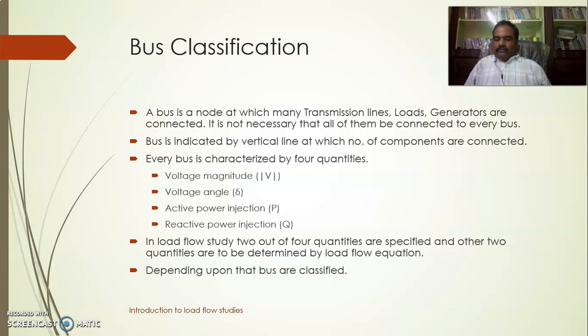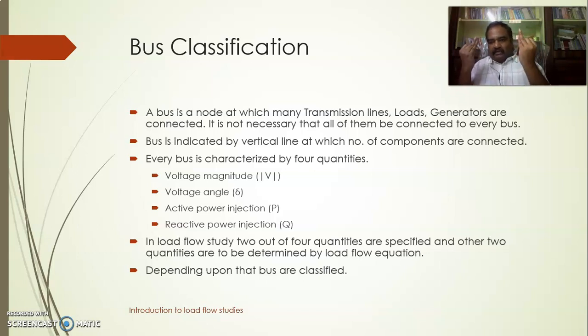Now, when you have these four things, the voltage magnitude, the voltage angle, the power magnitude and the power angle, the power magnitude and the power angle can be converted into rectangular coordinates. If you consider the rectangular coordinates of the complex power, these are P and Q, which are nothing but the active power and reactive power.